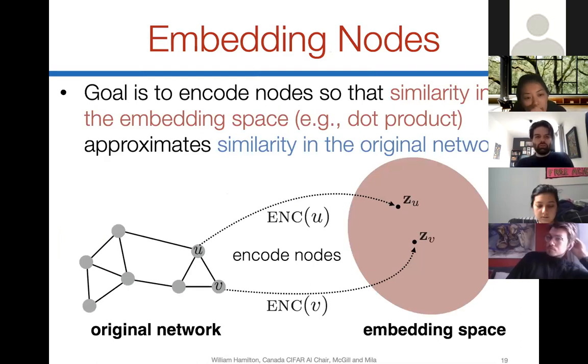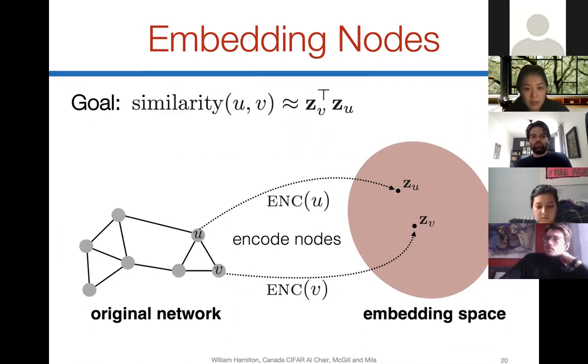So again, what we're trying to do is encode the nodes from our input graph or our input network into some low dimensional embedding space. And typically what we want is the similarity in this embedding space, which we usually represent using the dot product, which is kind of like the distance in our embedding space between nodes, to approximate some measure of similarity in the original network.